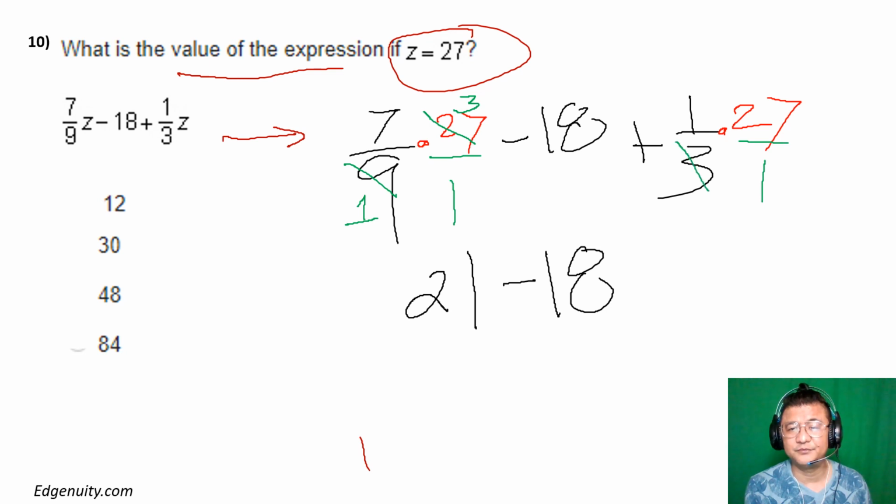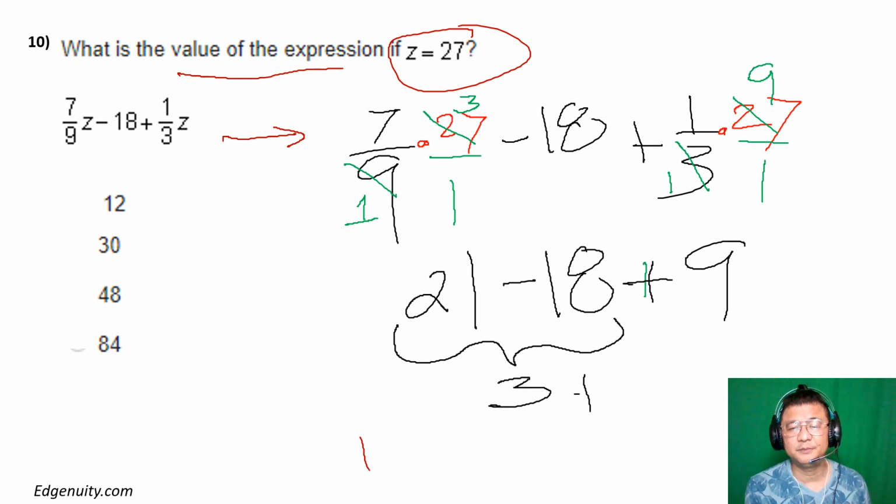You can simplify. Divide by 3 is 1. Divide by 3 is 9. So 1 times 9 over 1 is simply a positive 9. So 21 minus 18 is 3. 3 plus 9 is equal to 12. So there's our answer. The final value is 12.